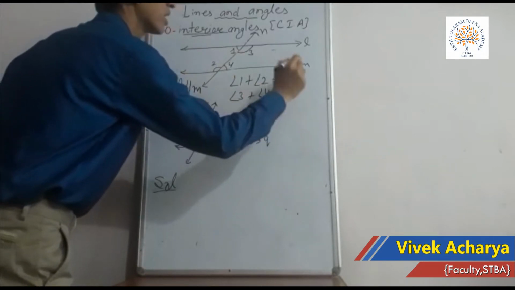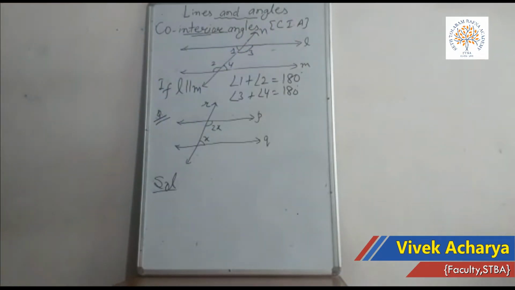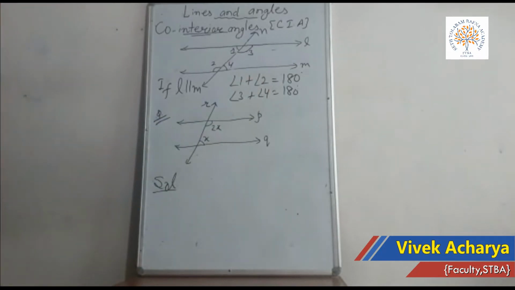Once again, co-interior angles, short form CIA: the angles which are on the same side of the transversal and interior of the parallel lines are called co-interior angles, and their sum is 180 degrees. Children, as you know the sum of those two angles is 180 degrees, we also say they are supplementary angles. So co-interior angles are supplementary angles.